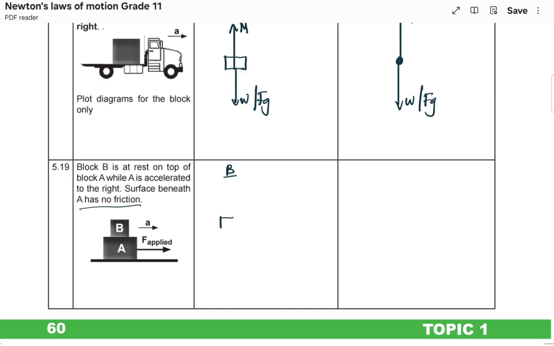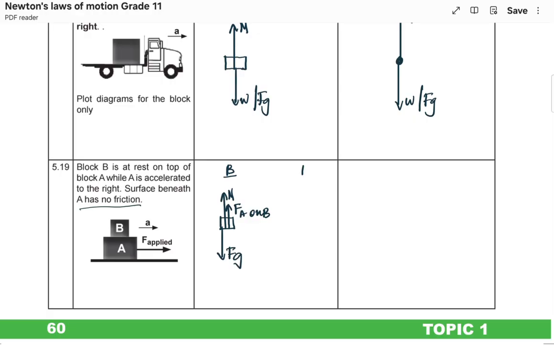So you're going to make the same mistake as mine. So there's a normal, there's the force of A on B, and there is the gravitational force.